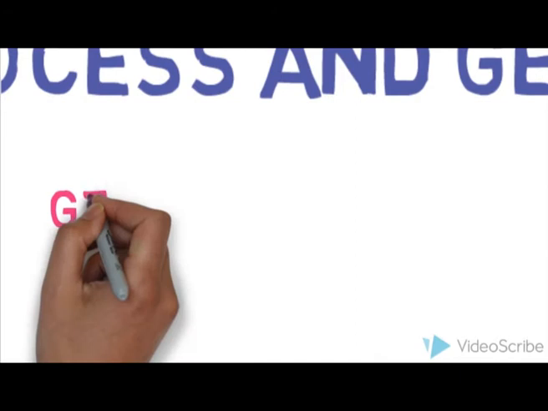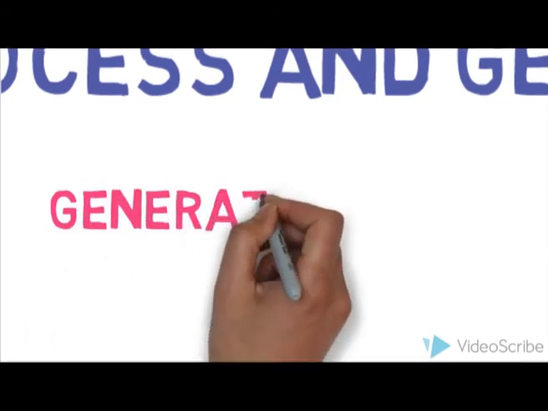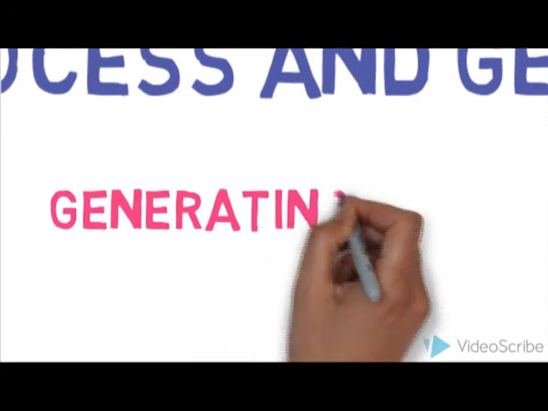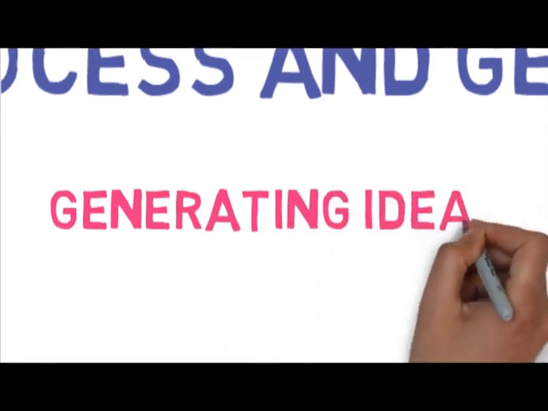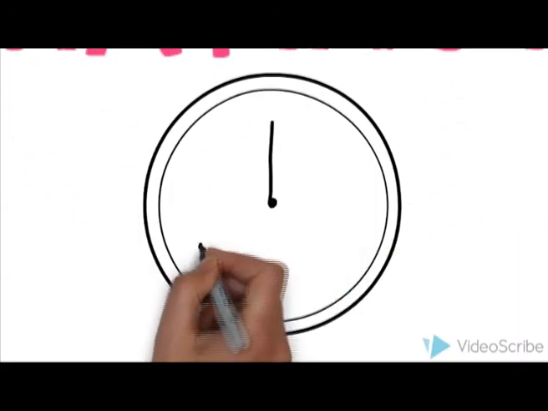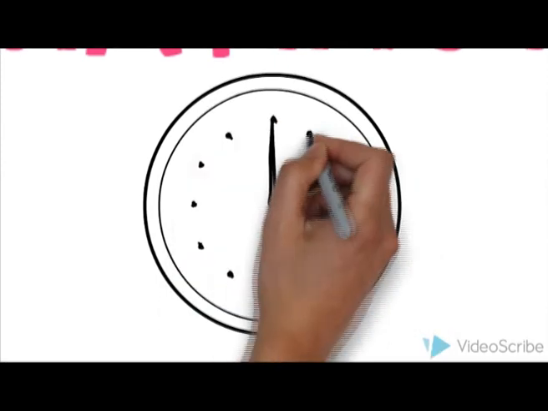To work with process and genre, we need to bear in mind three main steps. The first one is generating ideas. Writers need time to generate ideas and to plan what they are going to write.